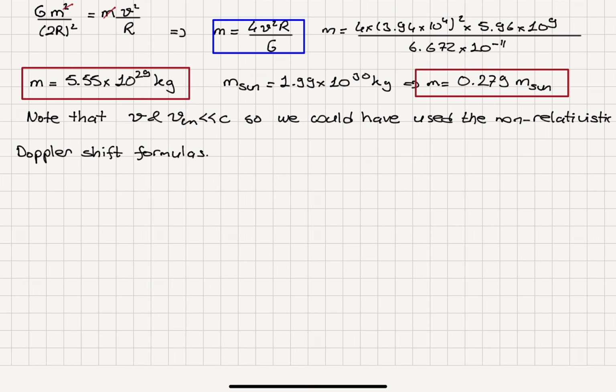And just as a reminder, in the non-relativistic case, the maximum frequency would be measured for the source approaching the observer. It would be f0 times c divided by c minus u. And the minimum frequency would be for the source moving away from the observer, c divided by c plus u, where u would be v plus or minus v center of mass, depending on which scenario we're looking at.